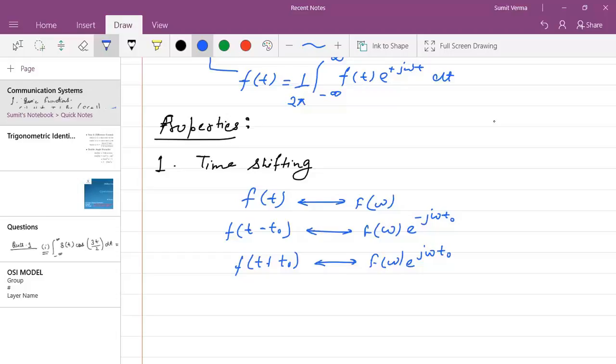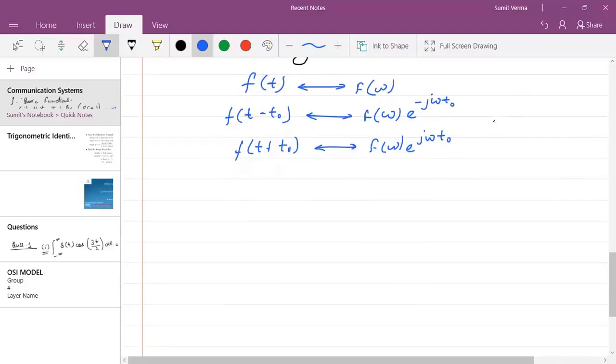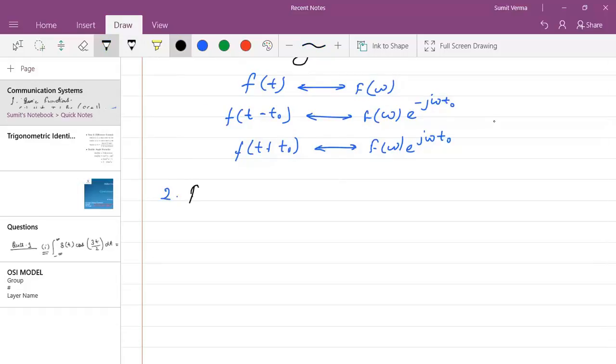Similar to time shifting, we have a second concept which is frequency shifting. Basically, instead of shifting in the time domain, we want to shift in the frequency domain.